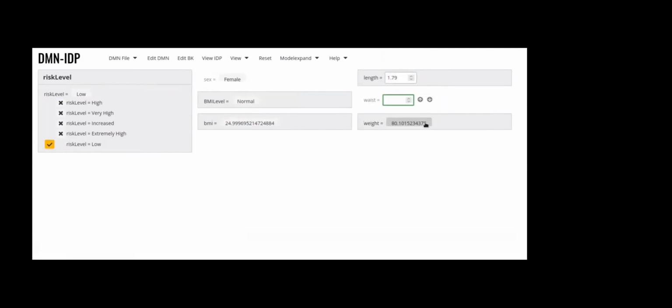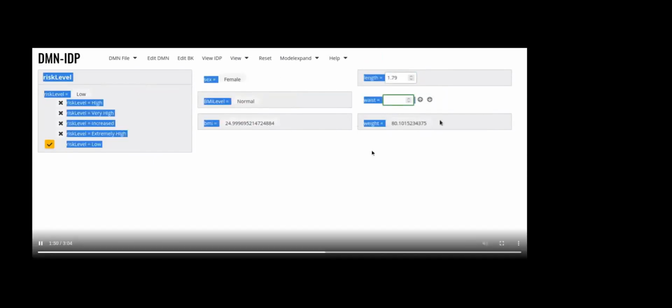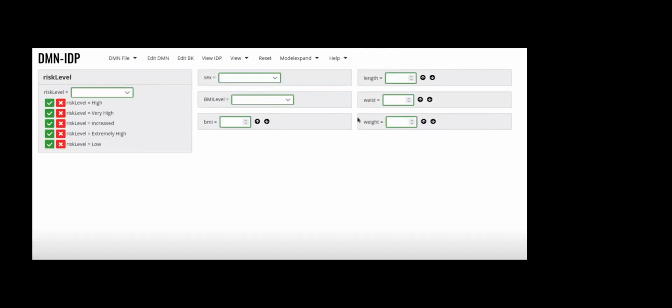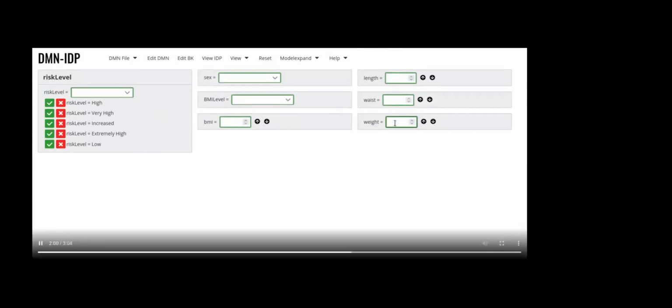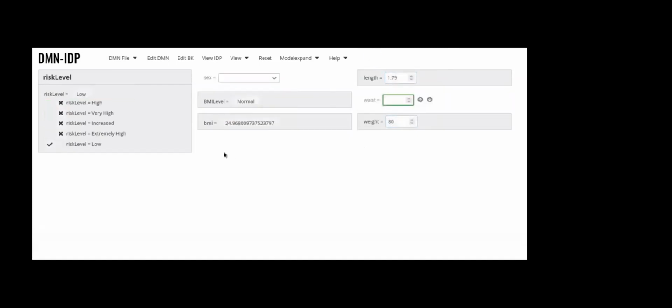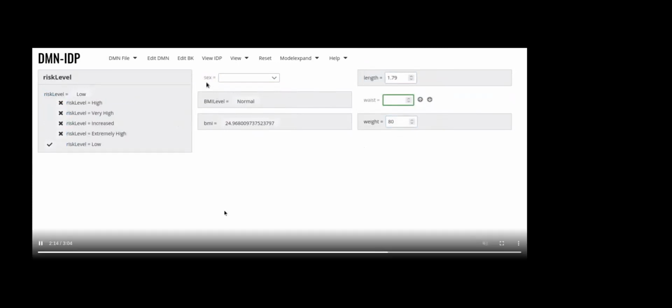So if we then enter our length and our weight, it will tell us that we have a BMI of 25. Yes, if we then enter that we have a length of 1.79 and a weight of 80, again, it can immediately tell us that our risk level will be low because sex and waist are irrelevant.